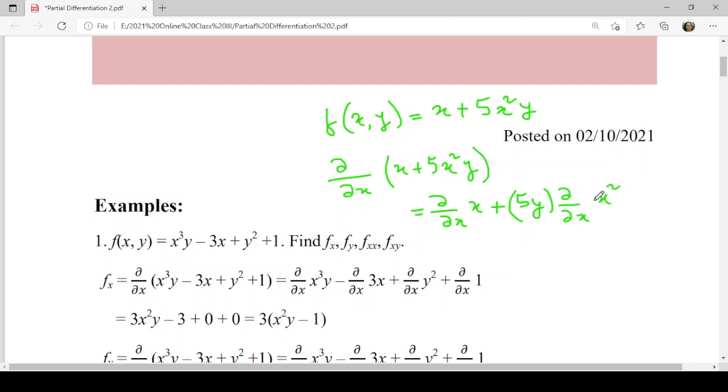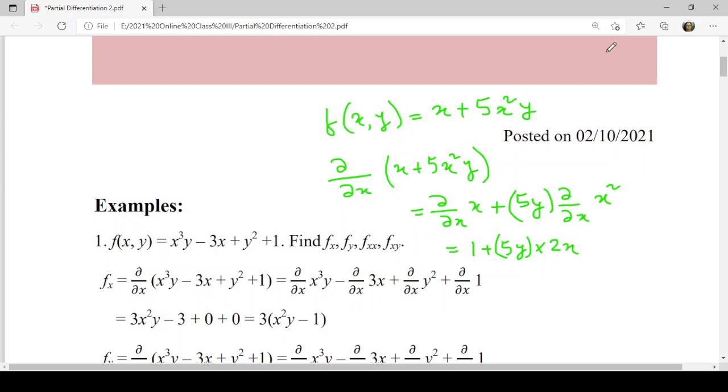So d/dx of x is 1, plus 5y as it is, and d/dx of x square is twice x. So this is your process to find the partial derivative.